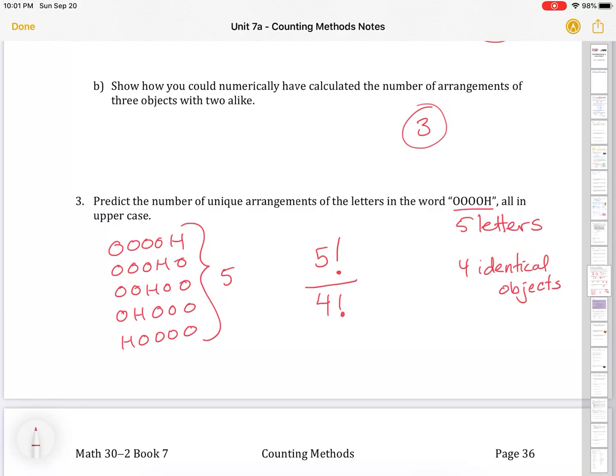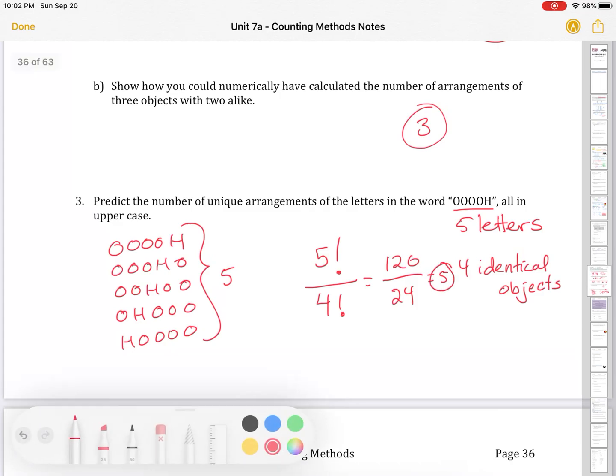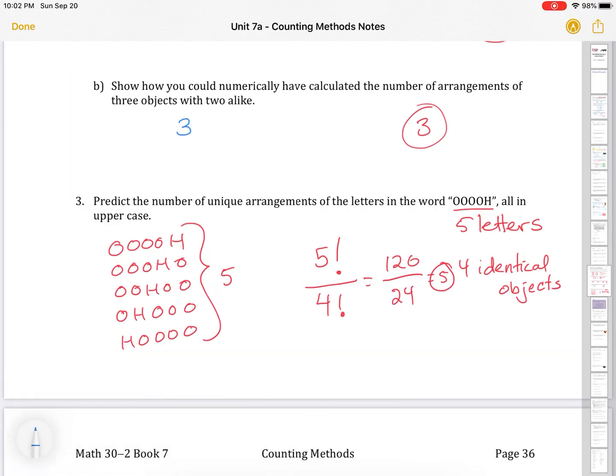To get the number of solutions, we take 5 factorial and we divide that by 4 factorial. 5 factorial is 120. 4 factorial is 24, which equals 5.